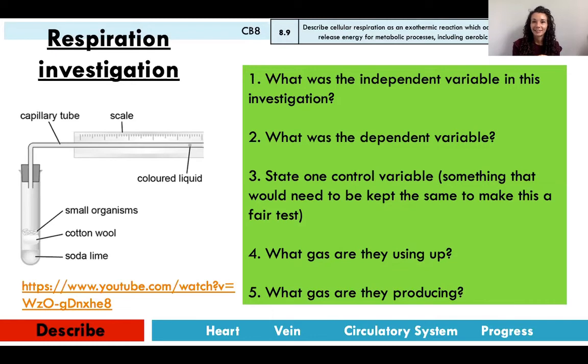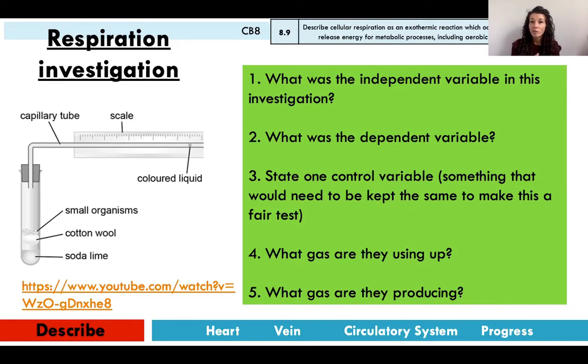Well done, excellent. So, number one, the independent variable. So, like I said, the independent variable is the thing that you are changing in the investigation. And this is not an investigation with a range of results. It's just seeing one thing. So I would say that the independent variable is having the wood lice in the tube, okay?